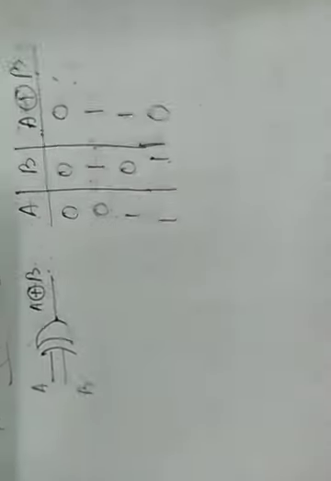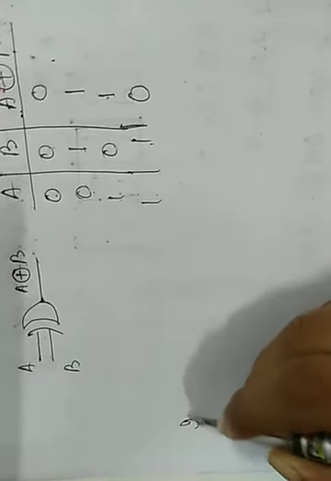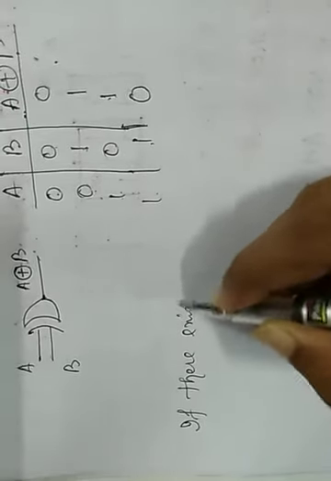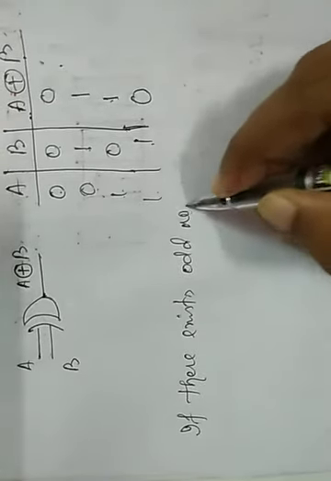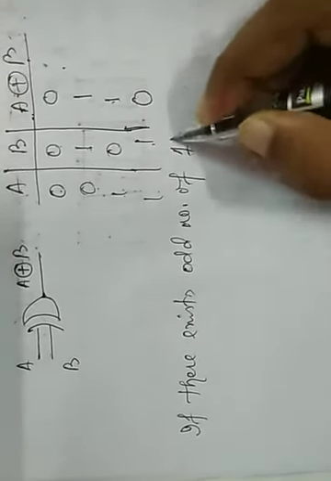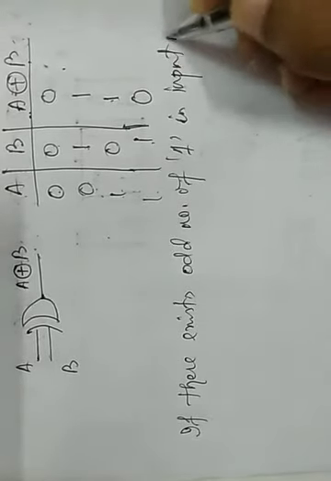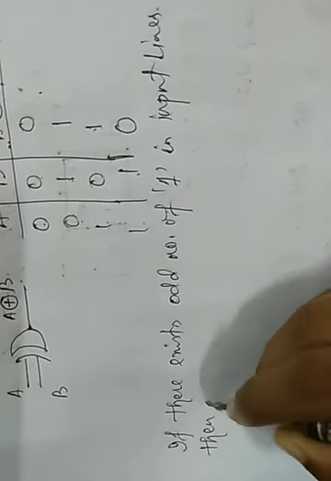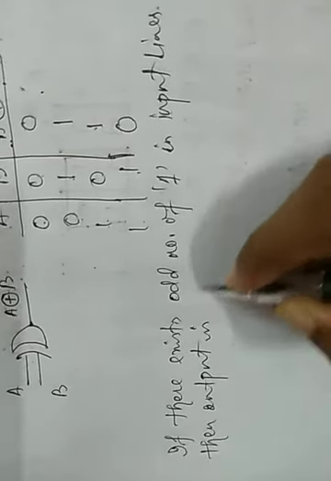So exclusive OR is, by definition, if there exists an odd number of 1s in the input lines, then the output is 1.